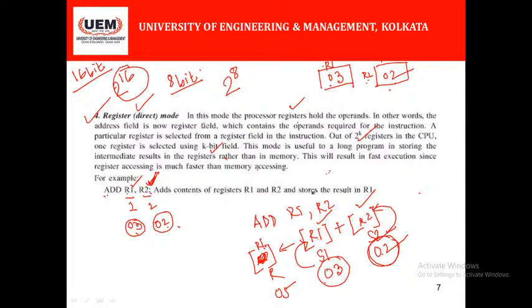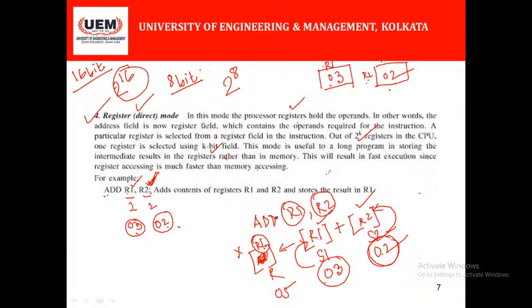This mode is useful in a long program for storing the immediate result in a register rather than in memory. We are observing that the value of R1 and the value of R2 are immediately stored inside a register, not in memory.